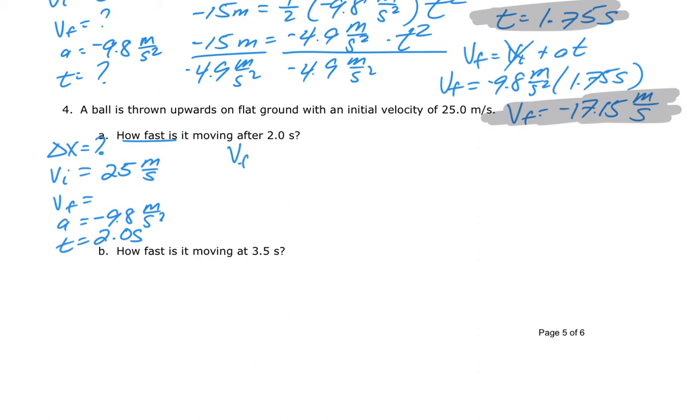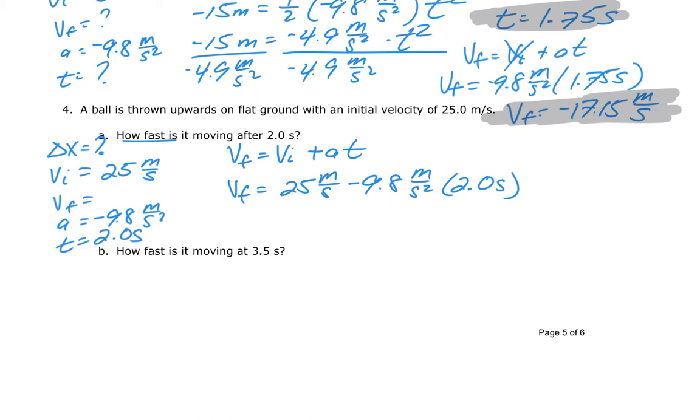And I remember my acceleration equation, and my acceleration equation says that v final is v initial plus a times t. So I can plug that in. V final is v initial, which is 25 meters per second, plus my acceleration, which is negative, so I can just go minus 9.8 meters per second squared times the time, which is 2.0 seconds.